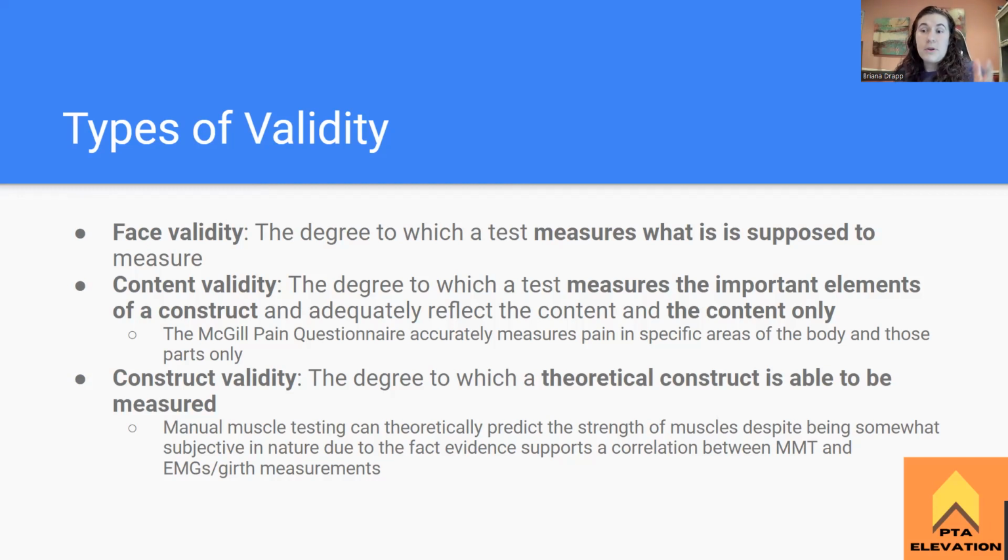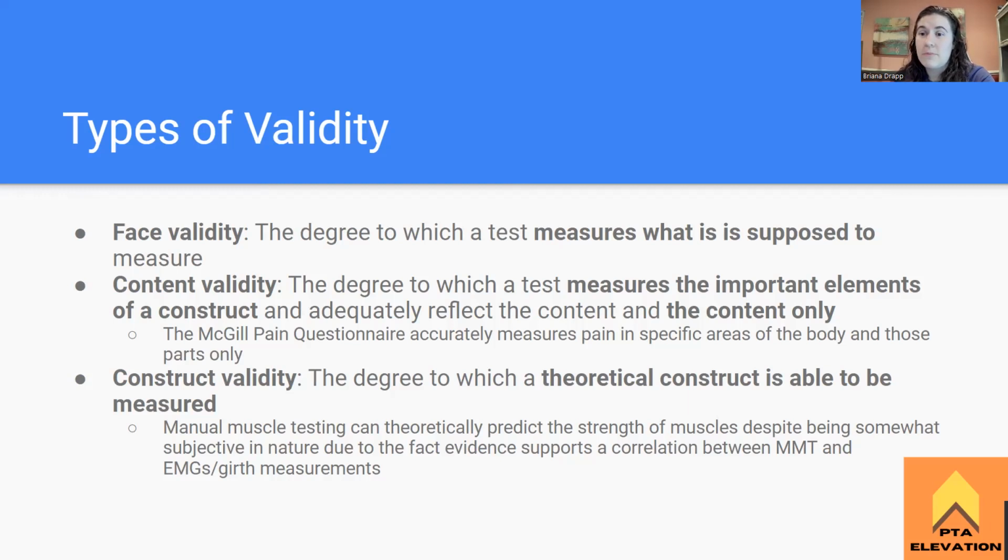So this would be a valid test under the terms of content validity because it is measuring pain at specific locations and pain only. That is the only thing that it's talking about. It's like, where does it hurt and what does it feel like? That is the only thing this is measuring. There's no other room for other subjective information to get in the way. And that's why that's a very valid reason to say that.